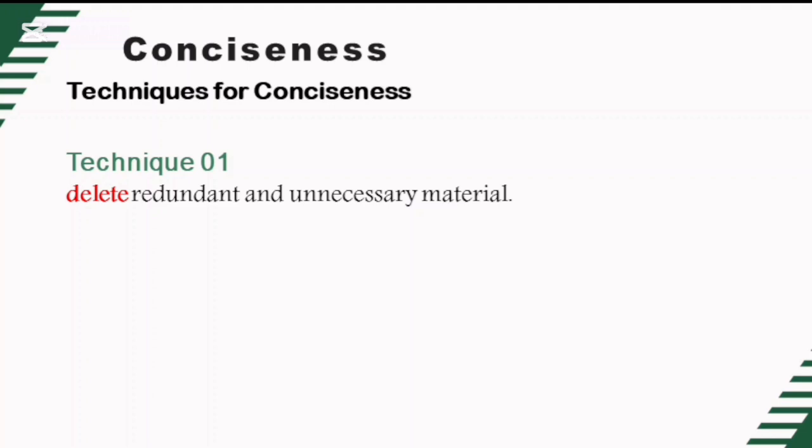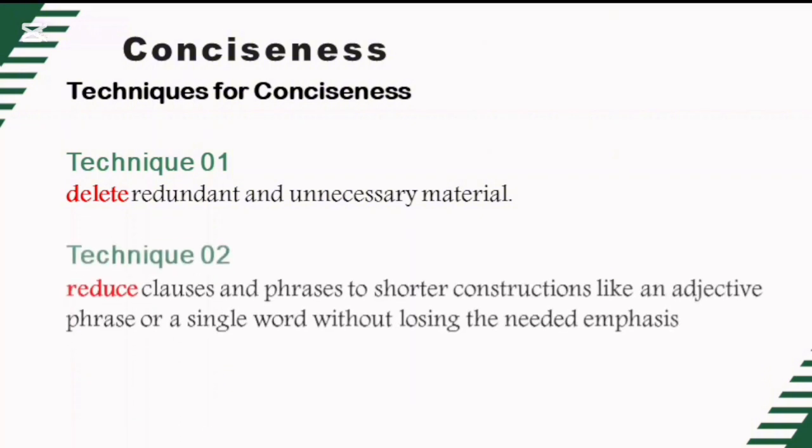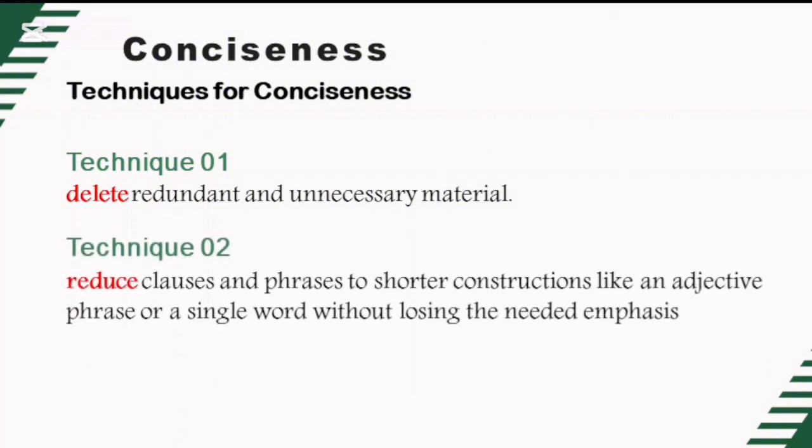When you find a report and you want to summarize it, you have to get rid of all details, pictures, figures, tables, unnecessary materials. Then the second technique is you reduce clauses and phrases to shorter constructions like adjectives, phrases, or single words without losing the needed emphasis.